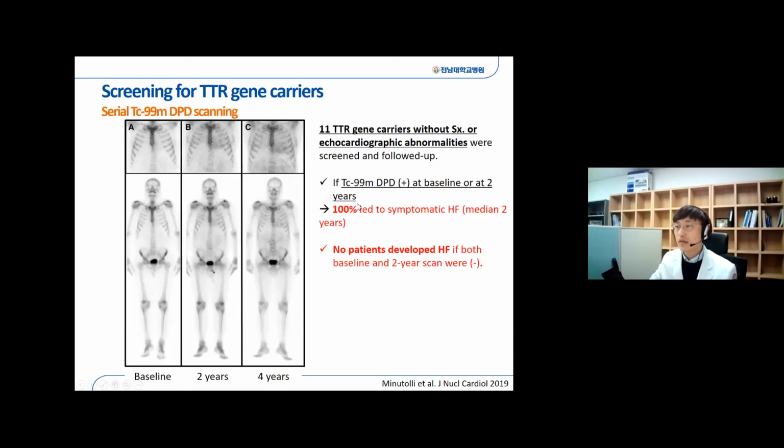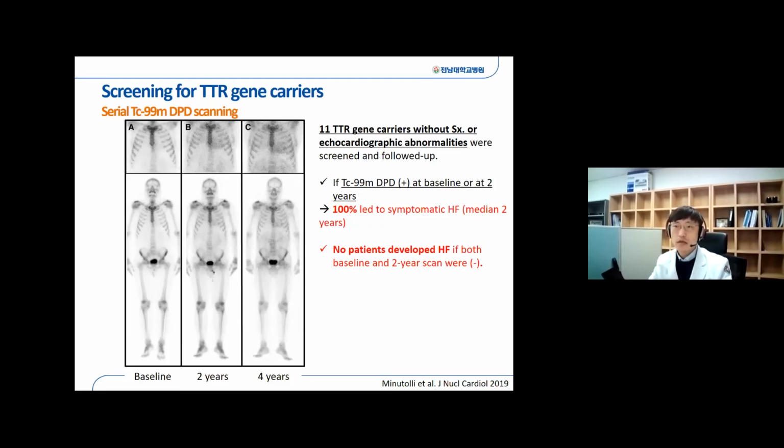even though the baseline scan was negative, all of the patients developed symptomatic heart failure within 2 years after the scanning. And if the patients showed a negative scan on baseline and 2-year repeated scan, no patients developed heart failure. So it is a very excellent classification of patients who are at risk of developing symptomatic heart failure in the future.